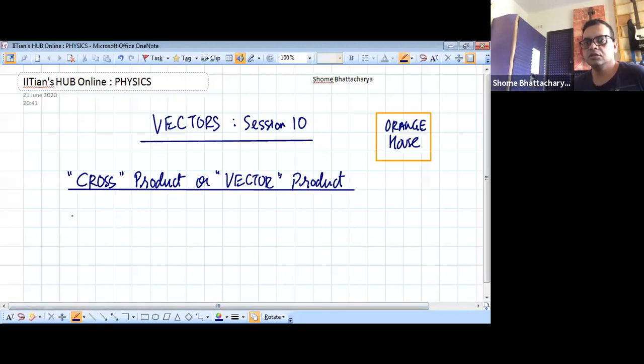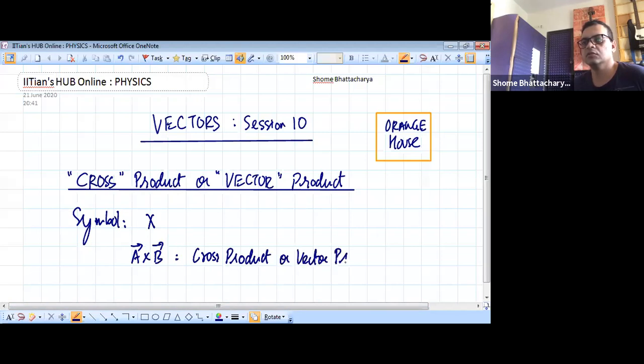The symbol used for this operation is the cross symbol. If we put a cross symbol between two vectors, it is read as the cross product or vector product of the two given vectors A and B.